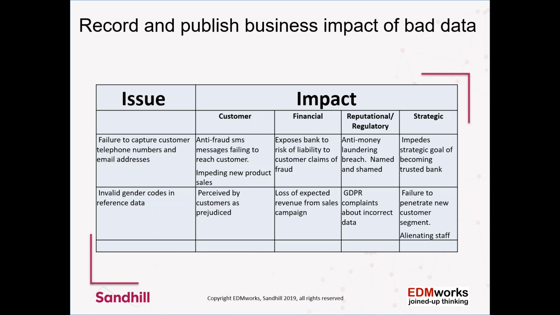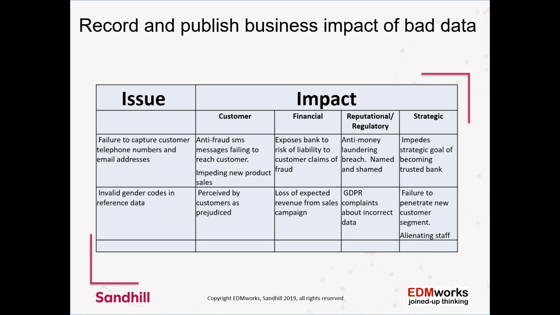A lot of organizations these days will have key objectives, and they will say, we're really focused on improving customer relationships, we're focused on managing our finances, we're focused on managing our reputation, and we also recognize that we have to make major strategic changes to our legacy systems, our organization. So what we want to know is anything that is impacting our ability to achieve our objectives.